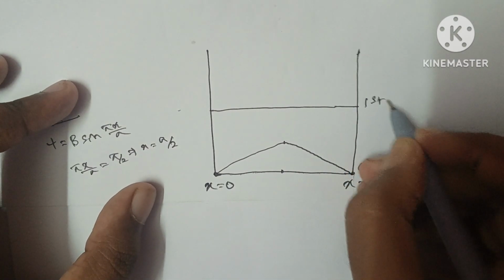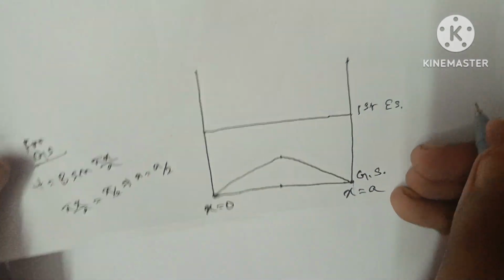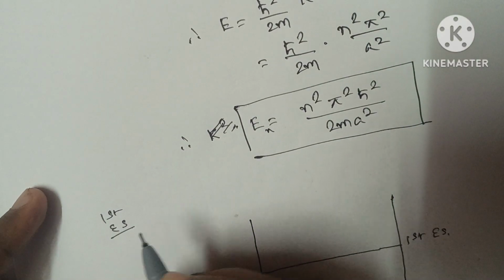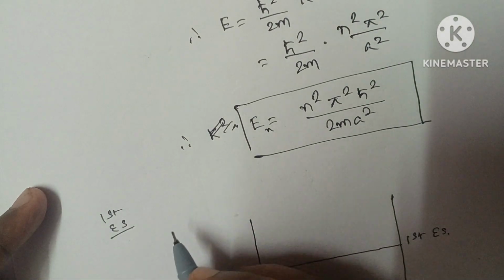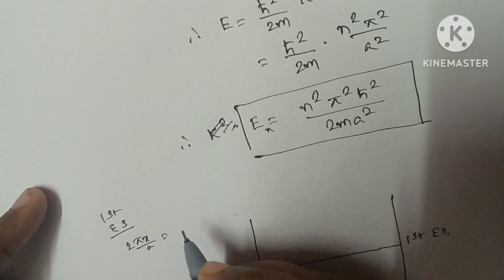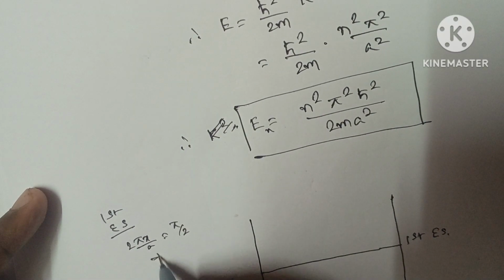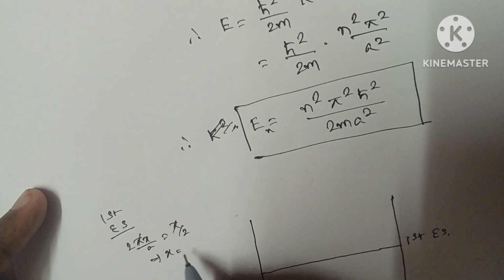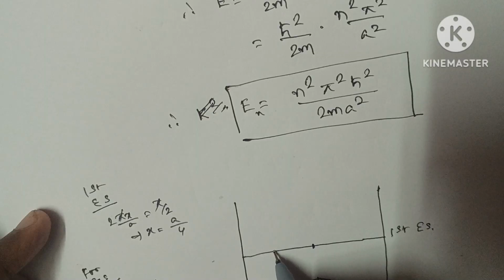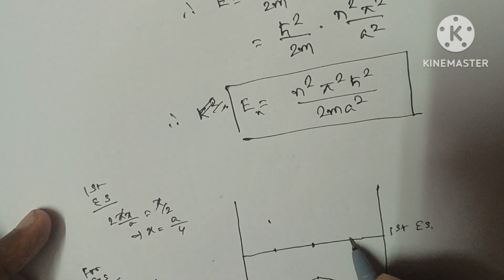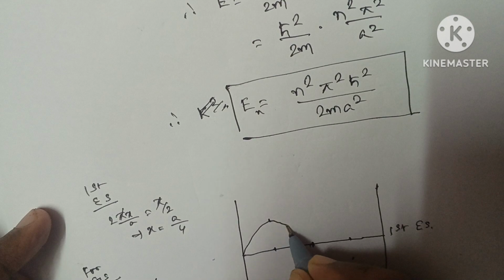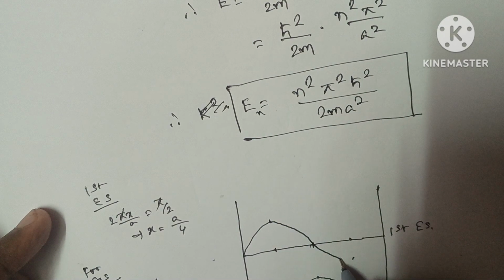Now the first excited state. For this, 2 pi x over a would be pi by 2. So therefore x would be a by 4. So the antinode would be here. Here it would be a node, here it would be an antinode. So at a by 2 there would be a node.